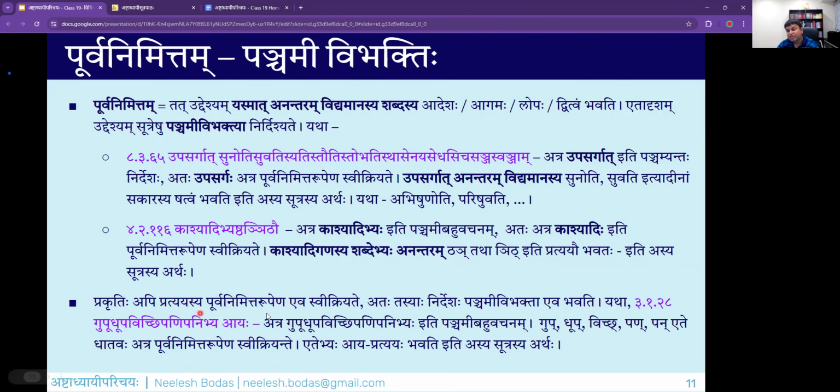So prakriti is also indicated by panchami vibhakti. So in kashyadibhyaha ठय इठौ, Kashyadibhyaha is the Prakriti, the Kashyadi Gana, to which a particular Pratyaya, Thai and Yitha, is being added, one at a time, not both. So Kashyadibhyaha is used in Panchami.